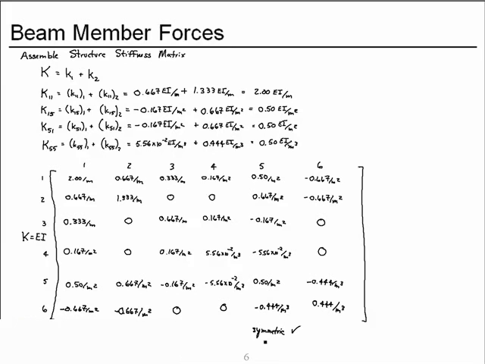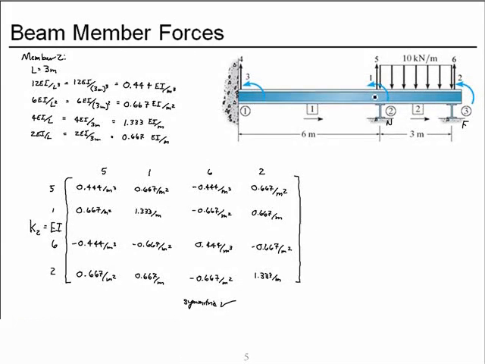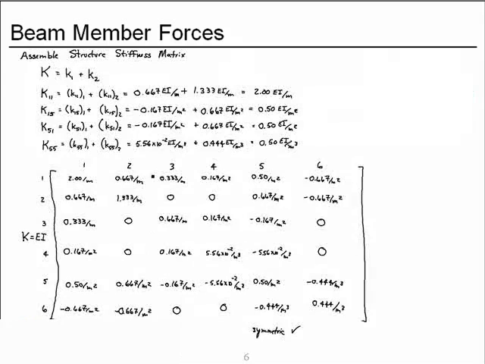Now to partition our matrix. Our structure has only 2 unconstrained degrees of freedom, 1 and 2. So let's partition the matrix in between columns 2 and 3, and in between rows 2 and 3.